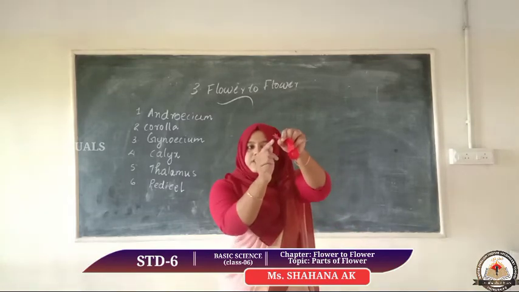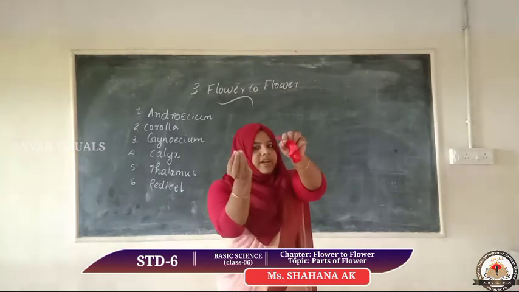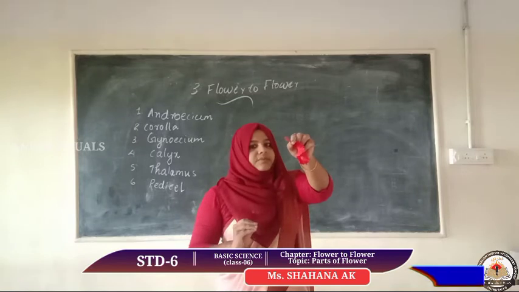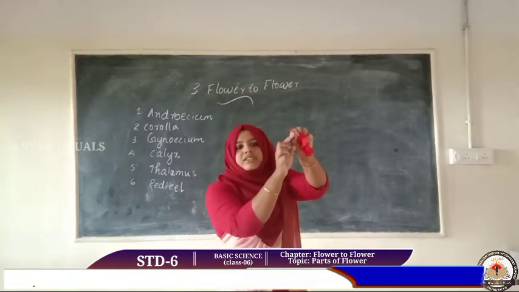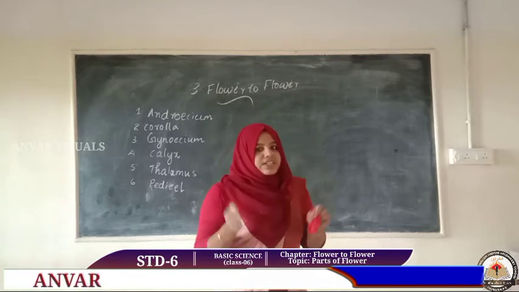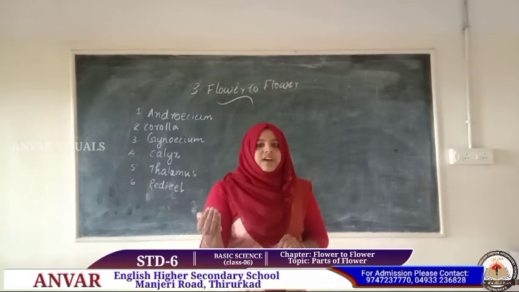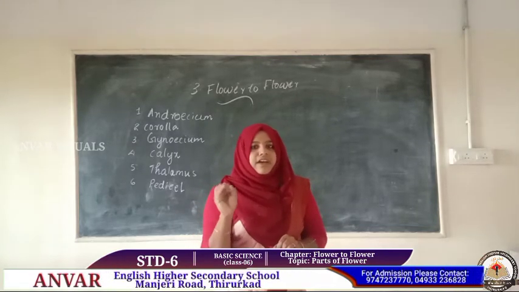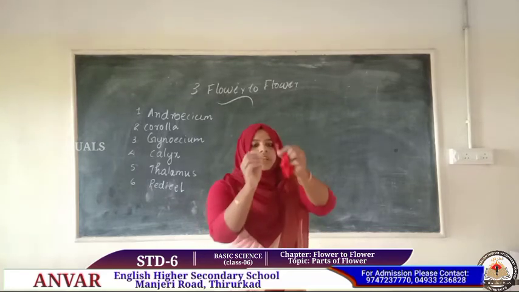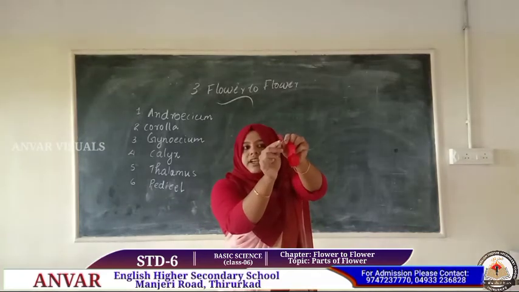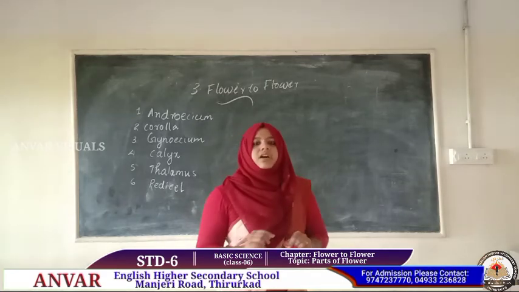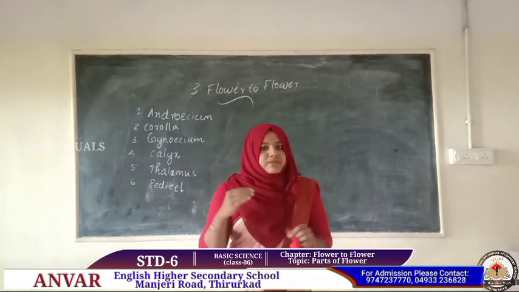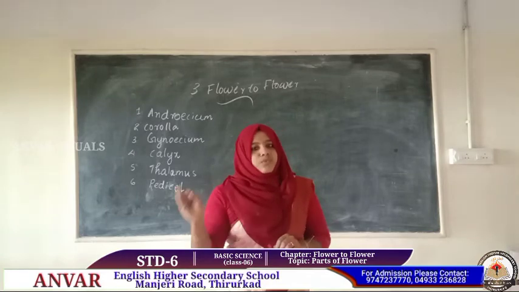Here this particular small bud-like portion is called anther and this small tube is called filament. So androecium consists of two other parts, anther and filament. This small ball is called anther and here this small tube is called filament. Androecium consists of anther and filament.